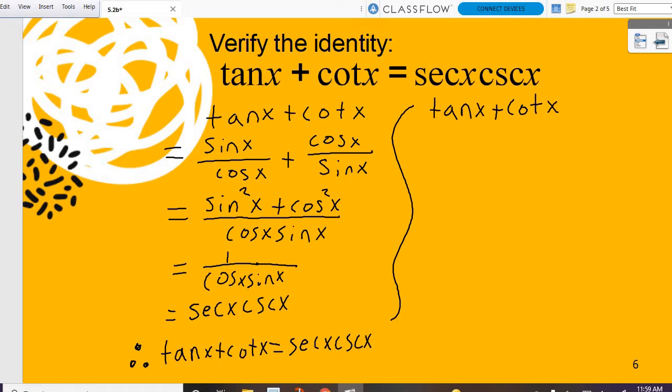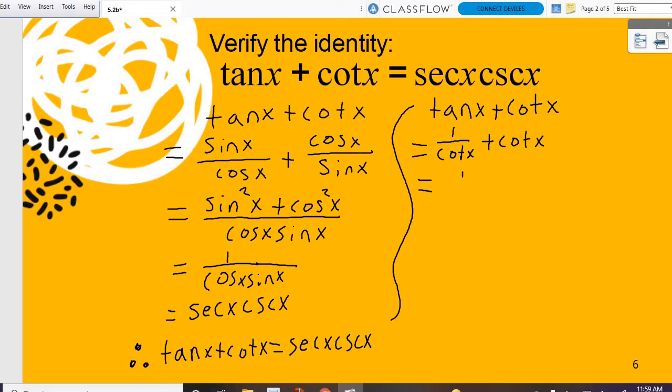Reciprocal. So what could we rewrite as what? Tan as 1 over cotangent. Okay. So again, we have a fraction that we're adding. So what do we have to find?